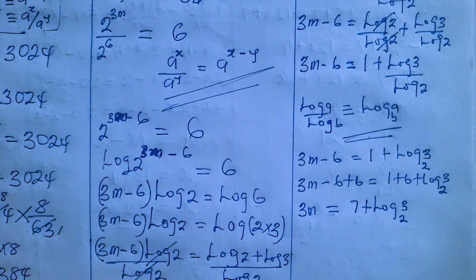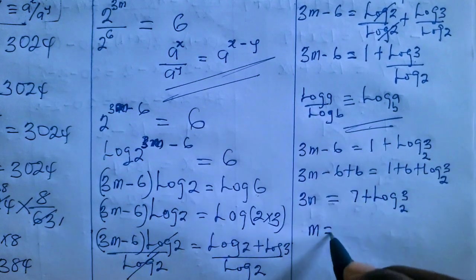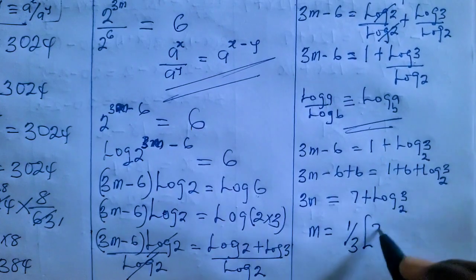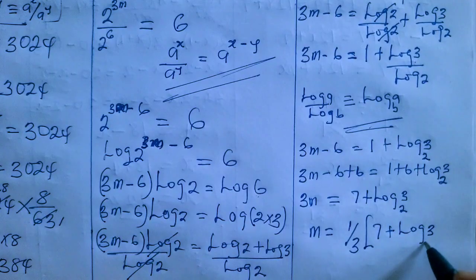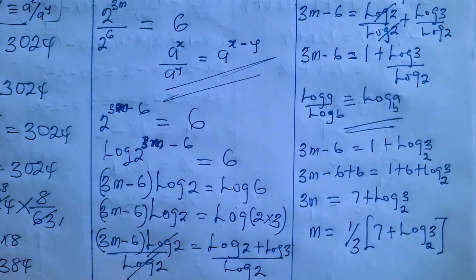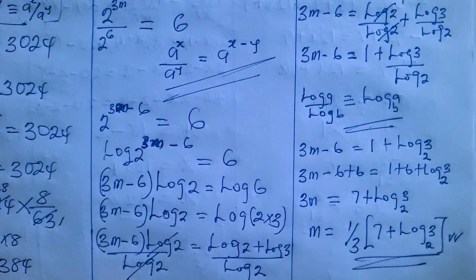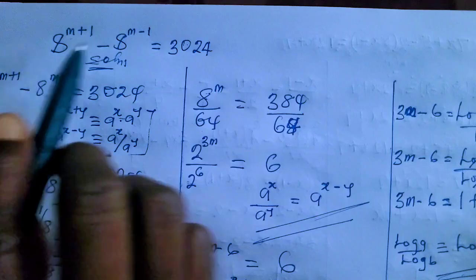To get the value of m, we divide both sides of the equation through by 3, and we have m equals 1 all over 3 into 7 plus log 3 base 2. And this is the value of m that will satisfy this equation right here.